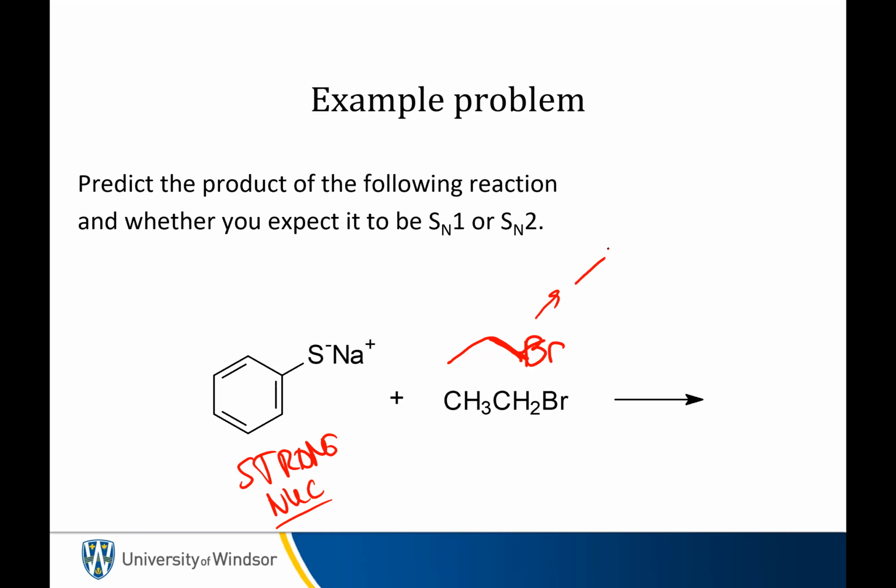If this leaves, you will get a primary carbocation, and that sucks. Primary C plus sucks. So it's not likely to leave on its own. It needs to be pushed. And if it needs to be pushed, and we have a good pusher because we have a strong nucleophile, we're doing SN2. And we can draw the mechanism. Whee!